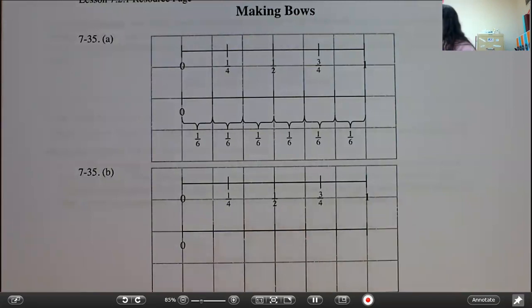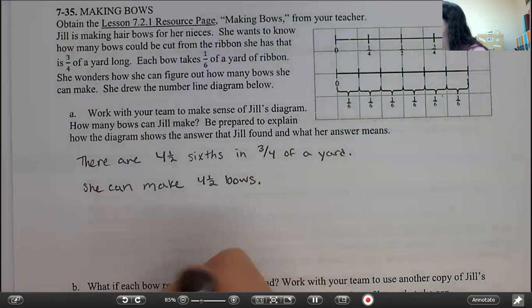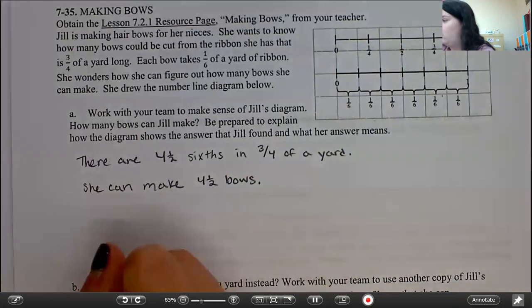So go ahead and answer part B. Okay, so for part B, your answers could have varied, but what we wanted you to see here is hopefully you saw that she could make a little less than 1.